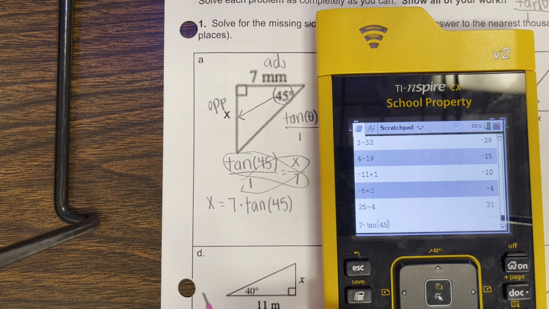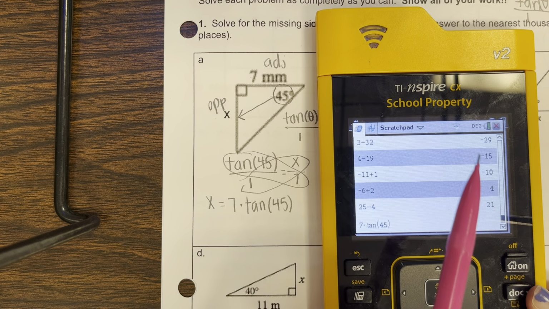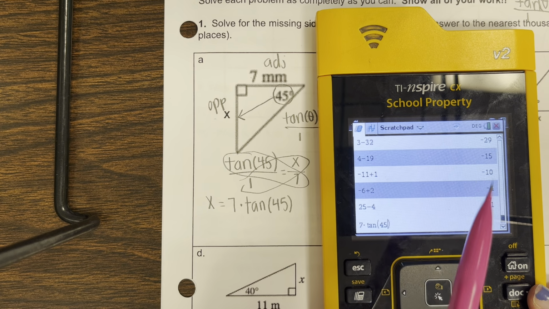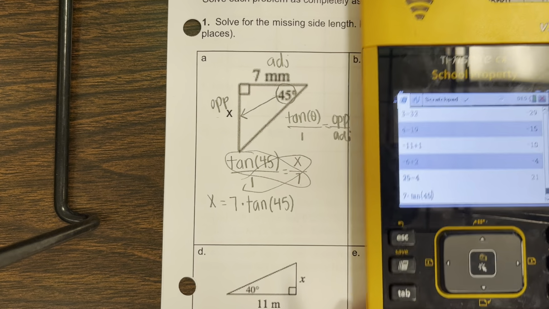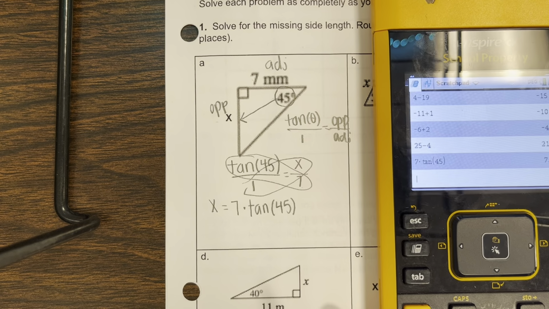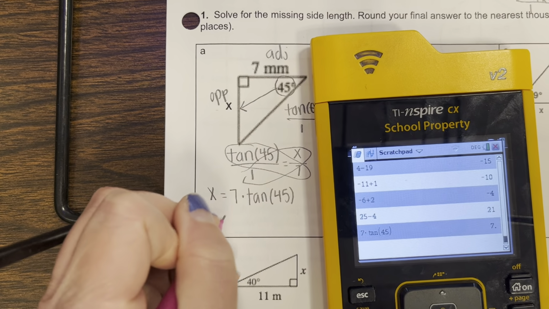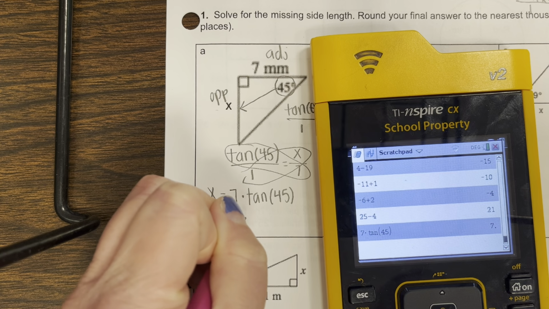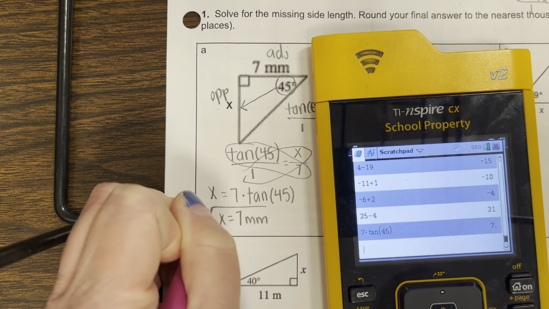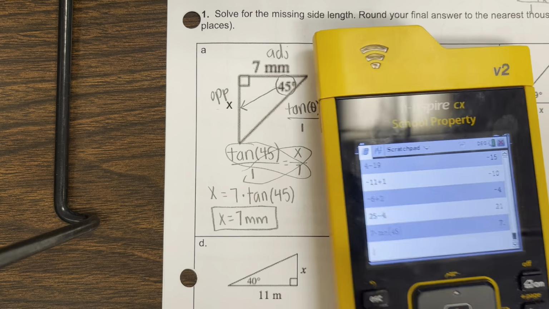Your teacher hopefully worked that out for you, but most of the newer versions will tell you on the screen, and then the older ones you'll have to look at the settings, but that should already be set up. So then you push enter, and oh, look, whole number, great. So we're just going to write x equals 7, and then millimeters, since that is the units. Okay, so that's our first one.